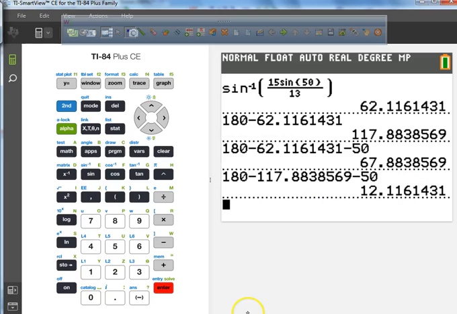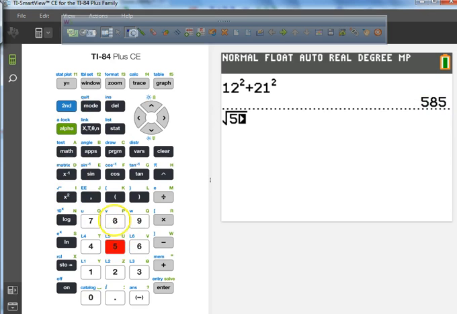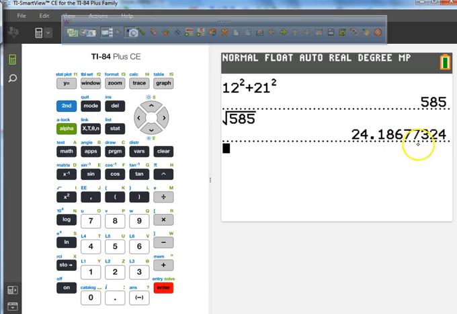So watch this. I'm going to do it in the calculator because it'll probably make more sense. So you guys got 12 squared, right? Plus 21 squared. And what did that give us? That gave us 585. And then we took the what? The square root of 585, and we got the approximate value of 24.2. But then I said there was a more exact answer.